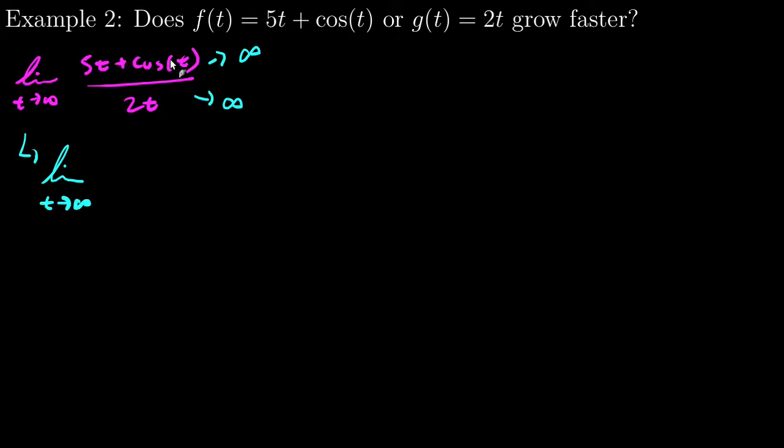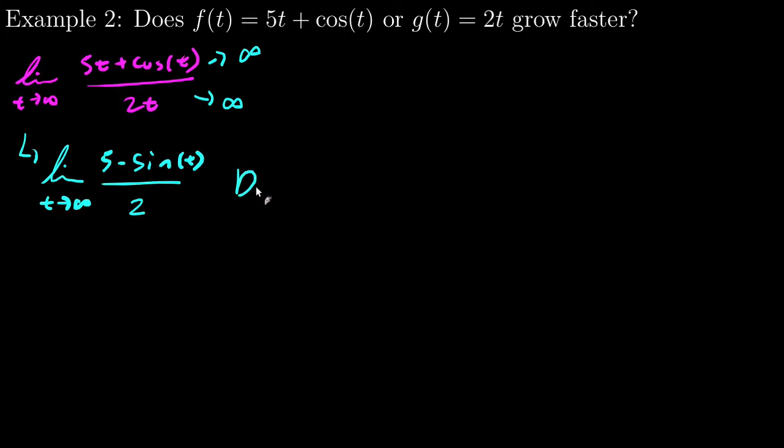The derivative of 5t plus cosine t is 5 minus sine t, and the derivative of 2t is 2.